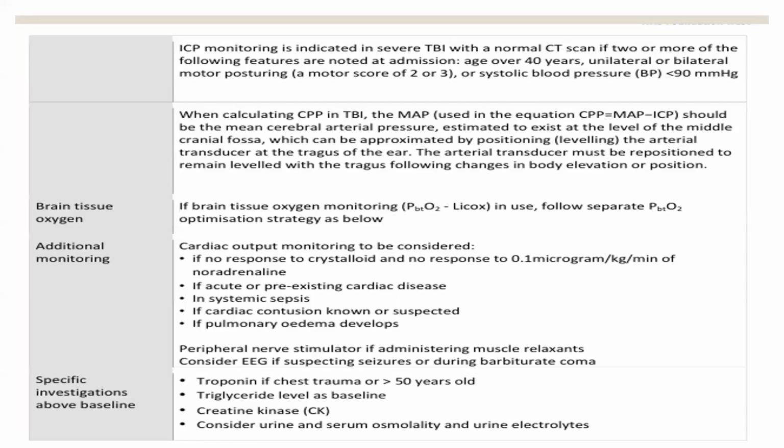So ICP monitoring is indicated in severe traumatic brain injury with normal CT scan if two or more of the following features are noted at admission: age over 40 years, unilateral or bilateral motor posturing, systolic blood pressure less than 90. When calculating cerebral perfusion pressure in traumatic brain injury, MAP should be the mean cerebral arterial pressure estimated to exist at the level of the middle cranial fossa, which can be approximated by positioning the arterial transducer at the tragus of the ear.